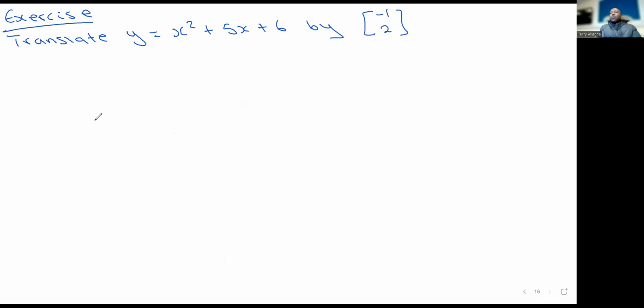So we have a specific quadratic function and they want us to translate it.